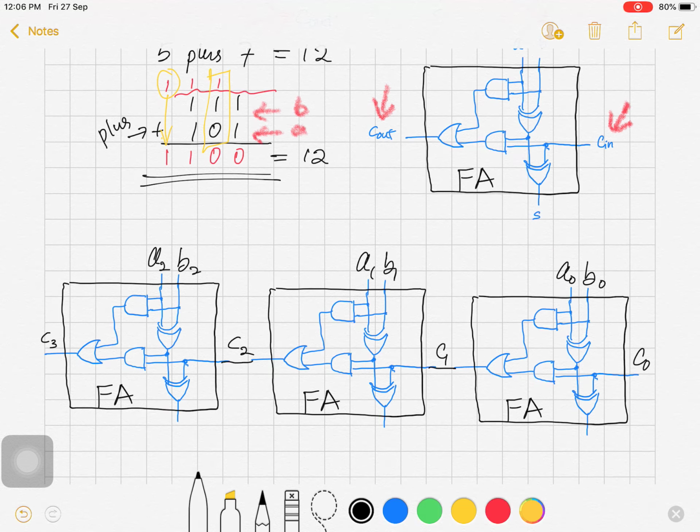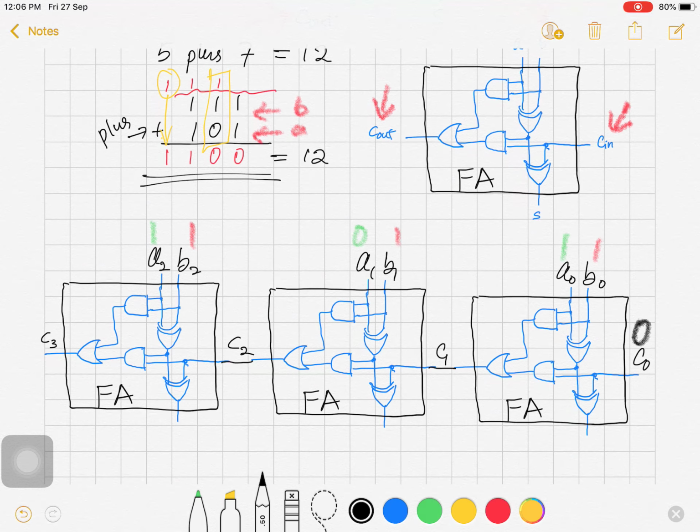Now A equals 5, which is 1, 0, 1, and B equals 7, which is 1, 1, 1. The carry in at the rightmost is of course 0.